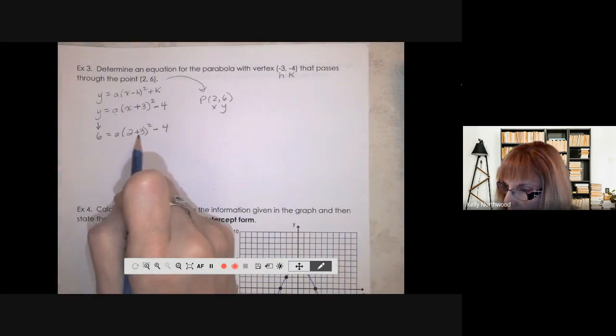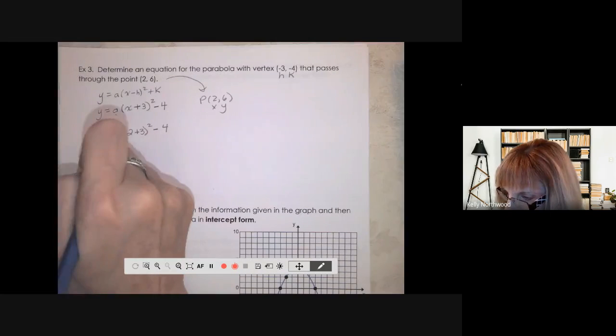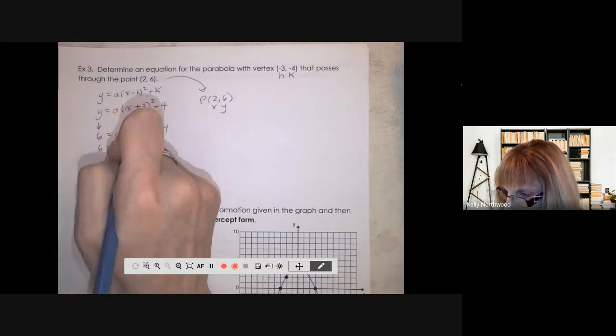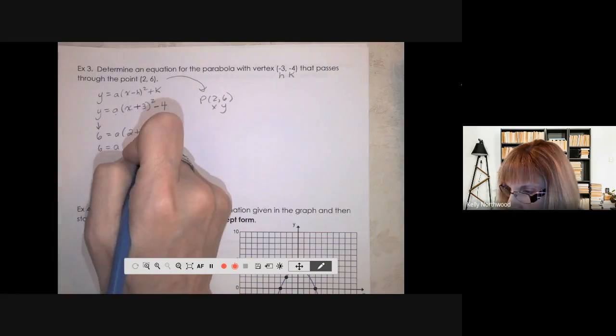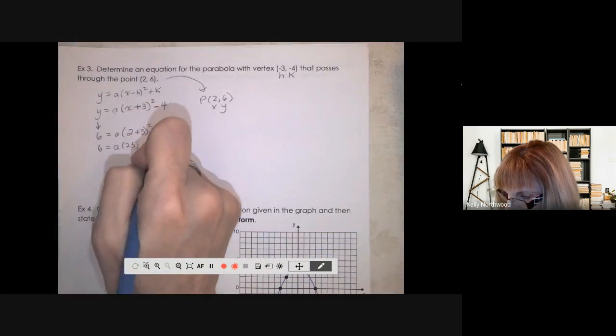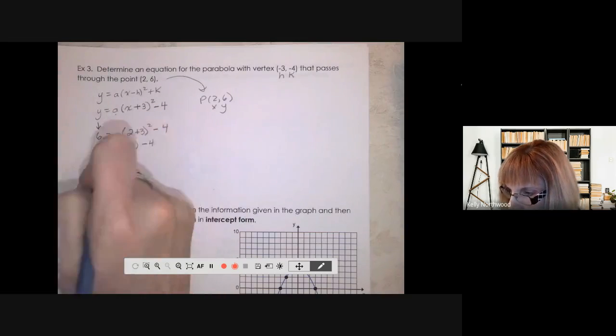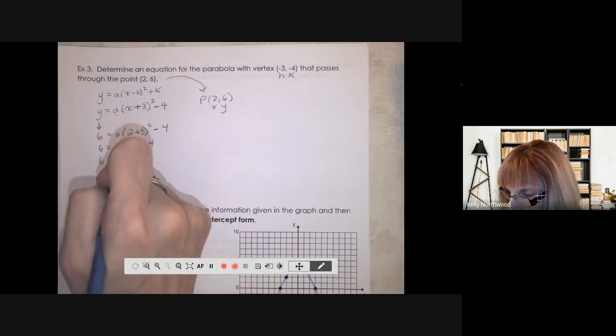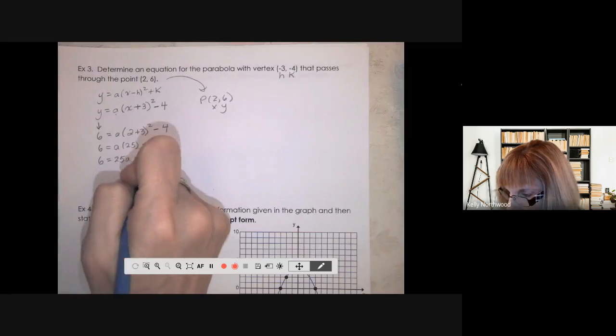And then you deal with this 2 plus 3 squared next. So 2 plus 3 is 5. 5 squared is 25. And A times 25 is 25A.